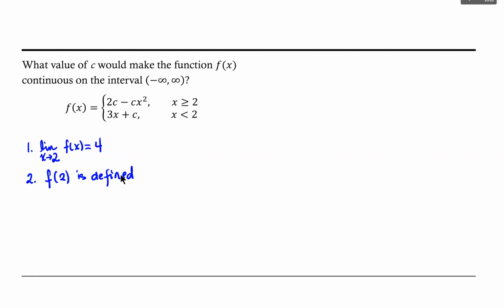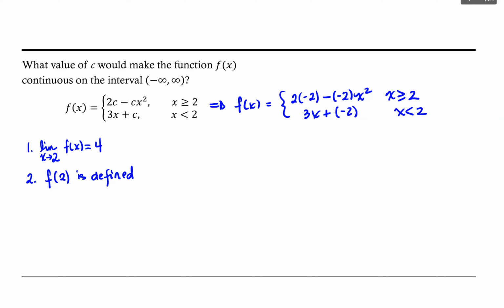Well, we discovered that we would need to let c equal negative 2, so let's rewrite our function using that information. So we would have 2 times negative 2 minus negative 2x squared for x greater than or equal to 2. And we'd have 3x plus negative 2 for x less than 2.